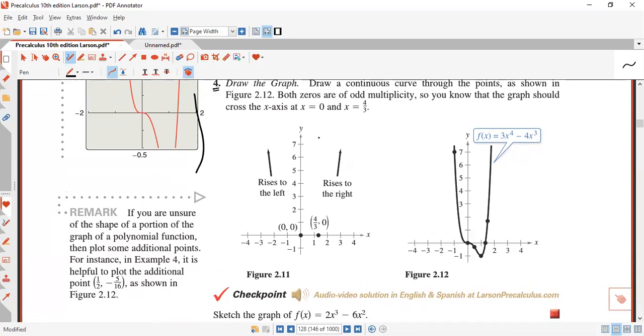Why? Because n was even and the leading coefficient was positive. So these two things we got from step 1. And the second step was that we plotted the x-intercepts. Clear? And the third thing is, we also plotted some additional points.